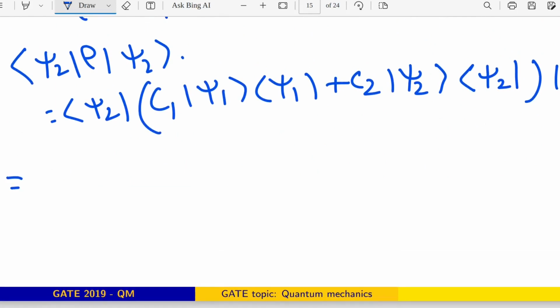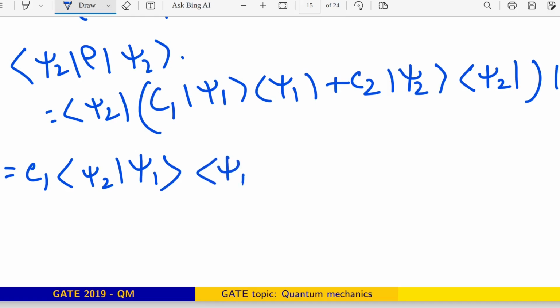Now the first term will be C1 psi 2 psi 1 psi 1 psi 2. How is it coming?